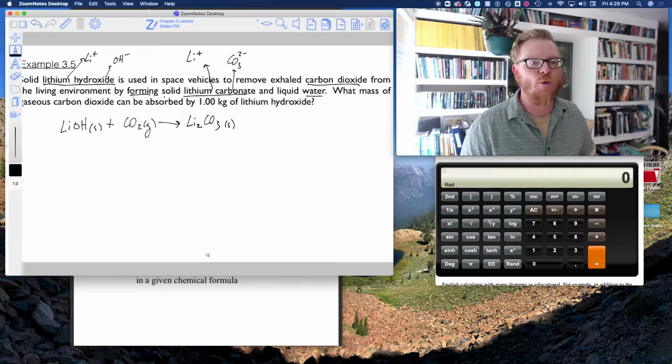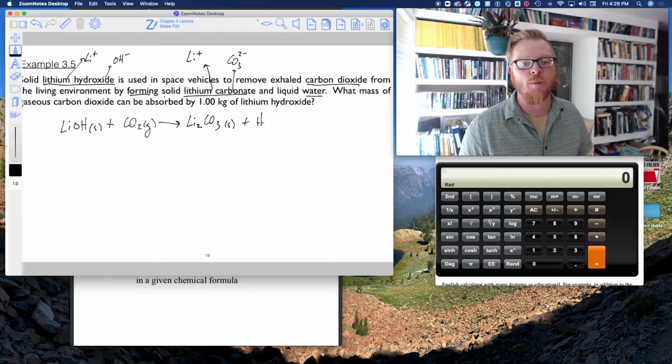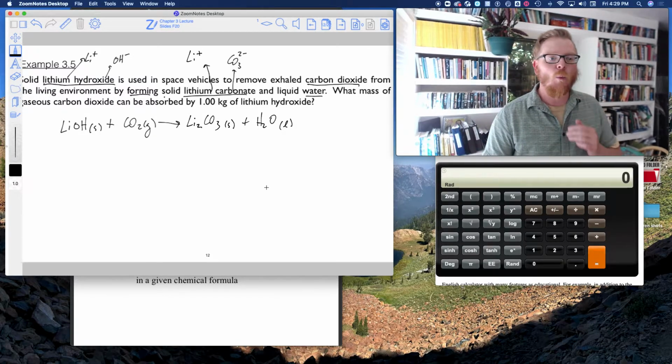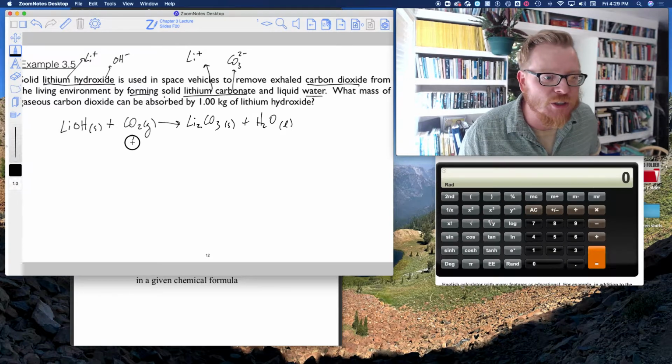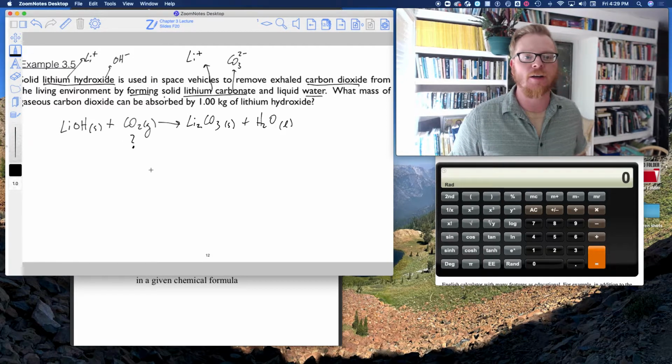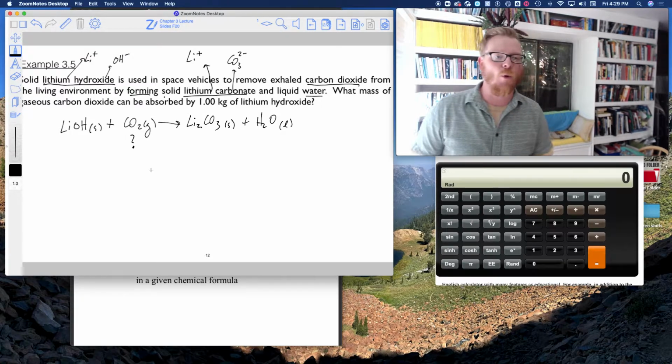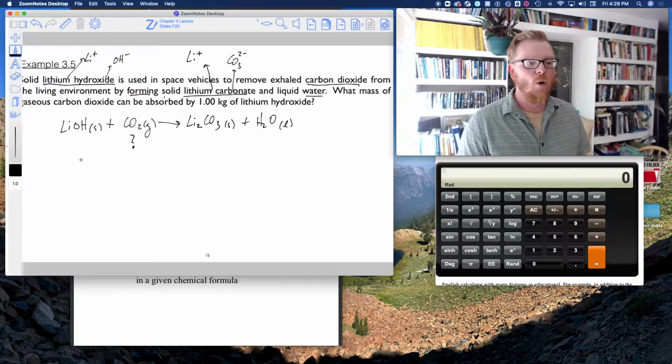So it says by forming solid lithium carbonate and liquid water. Okay, I know how to write liquid water. That's H2O liquid. Okay, so now it's asking me what mass, and I'm going to put a question mark next to the carbon dioxide. What mass of carbon dioxide can be absorbed by 1.00 kilograms of lithium hydroxide?